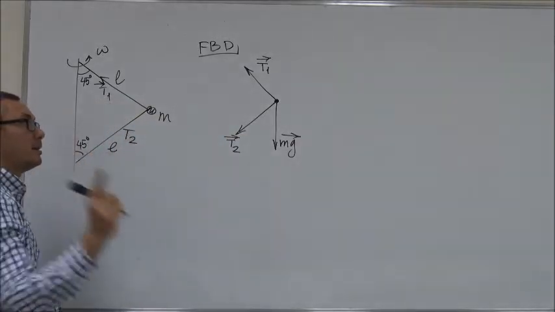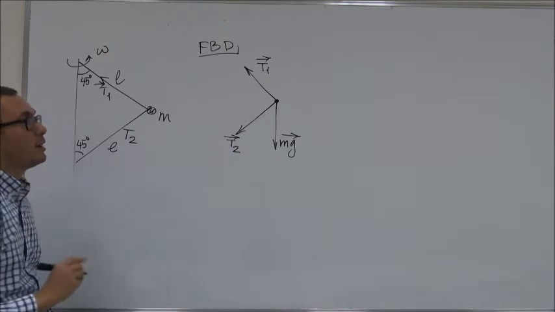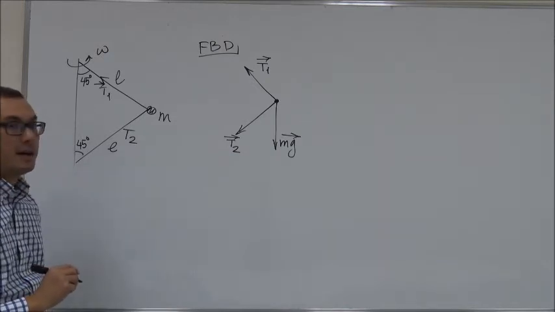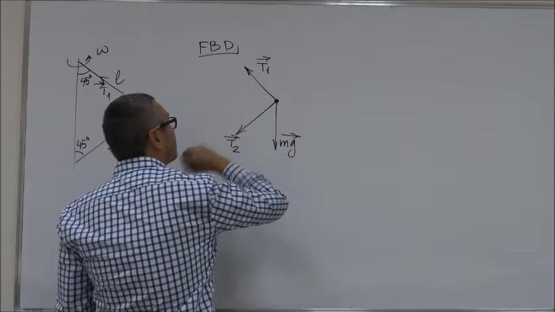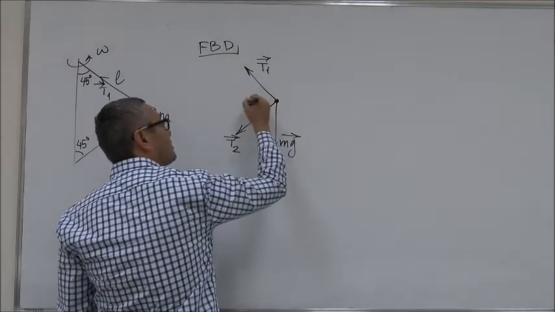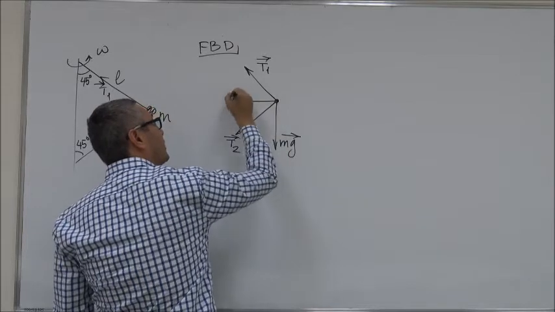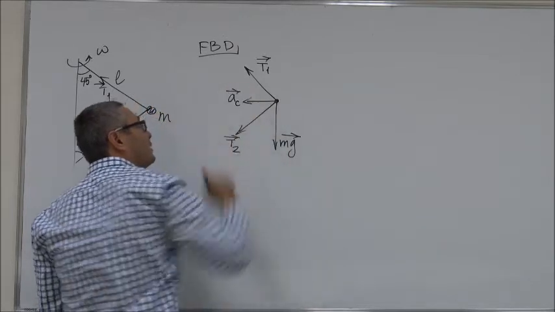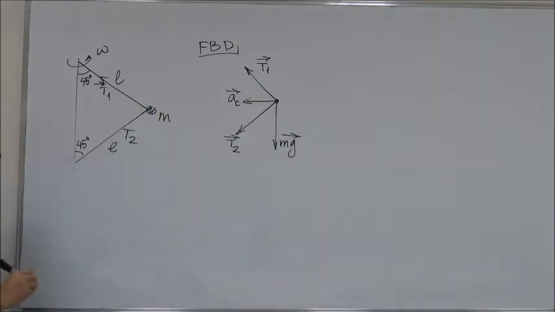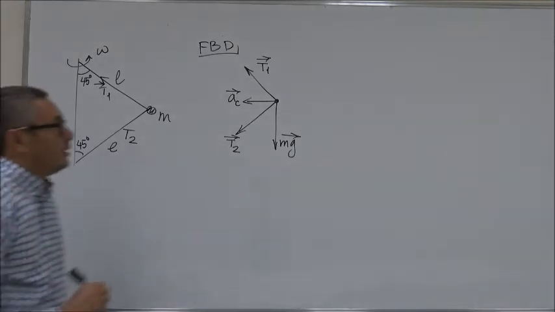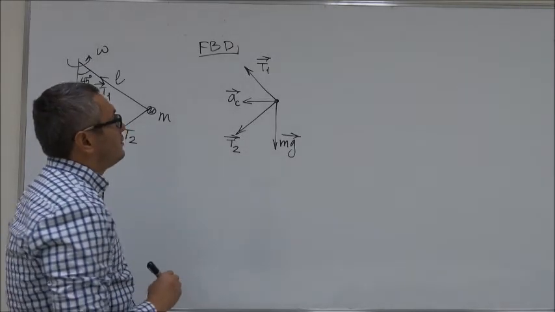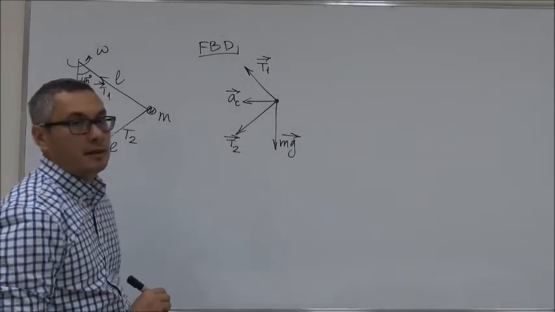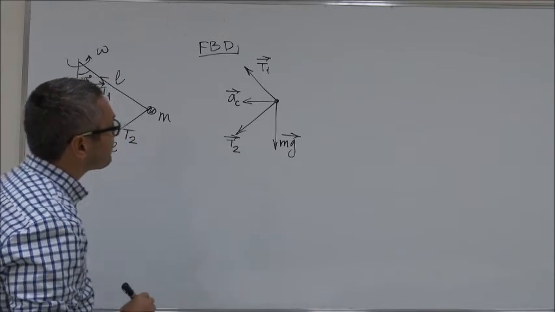The mass is making a circle around the axle, and so it has to have centripetal acceleration. The centripetal acceleration is pointing towards the center. So I'm going to draw it like this. This is my centripetal acceleration. So this is a free body diagram for the mass. Now, we can use Newton's second law to write two equations.